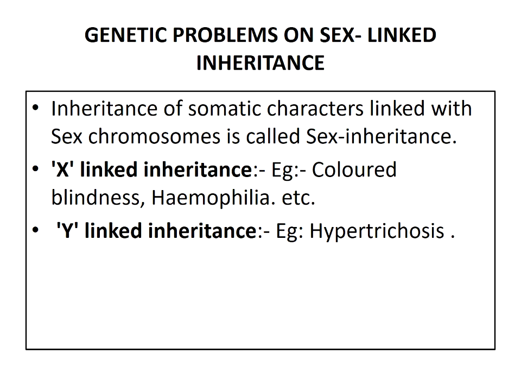And the second one is the Y-linked inheritance. Certain genes which are determining the somatic characters are located only on the Y chromosomes and they are confined only to males. Such genes are called Y-linked genes or holandric genes.